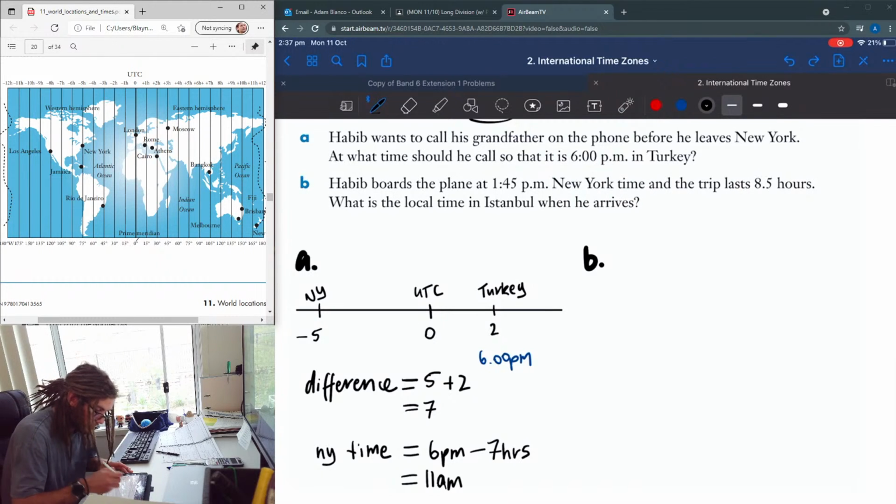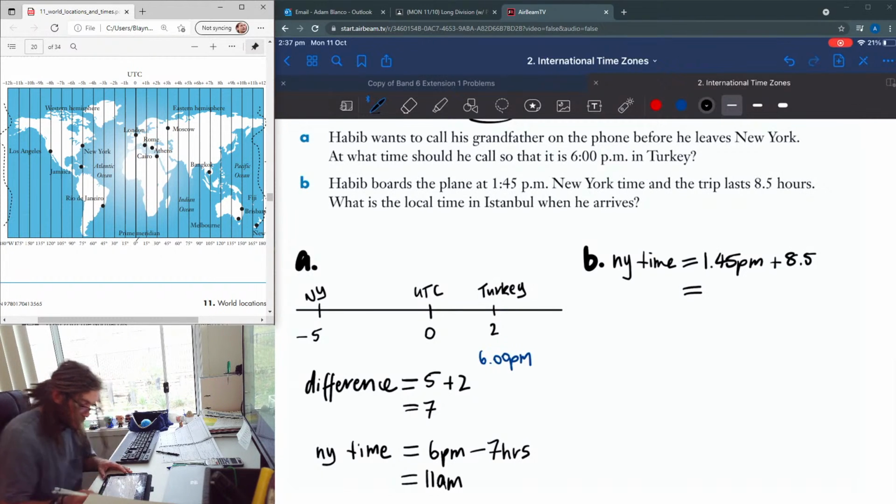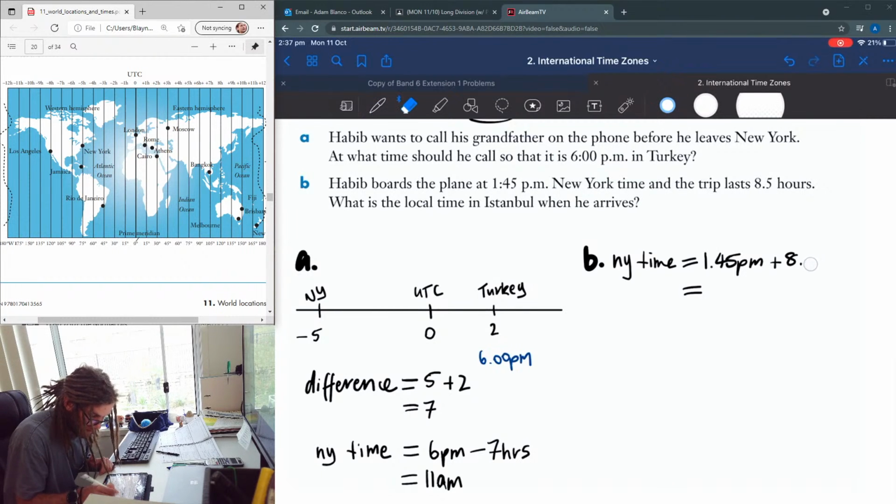New York time is 1:45 p.m., and I add 8.5 hours. These questions are hard. 8.5 hours is the same as 8 hours 30 minutes.